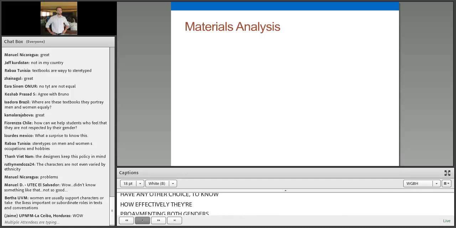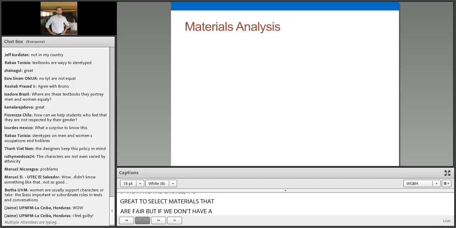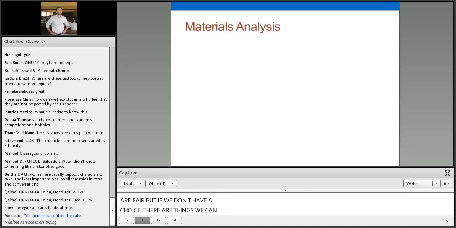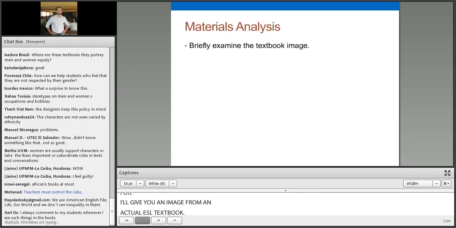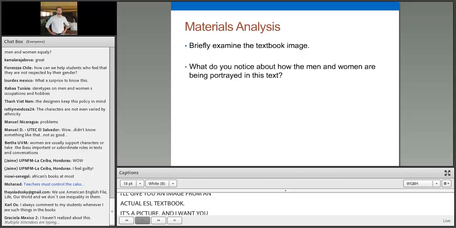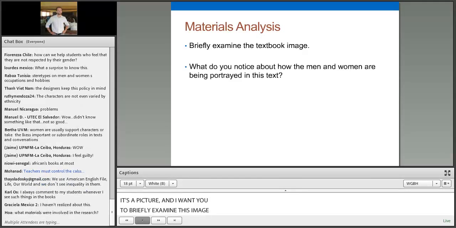Okay, so I want to take us through a quick exercise before I suggest some ideas, because part of noticing inequality in text is knowing what to look for. So I'm going to give you an image from an actual ESL textbook. It's a picture. And I want you to briefly examine this image, and think about how the men and women are being portrayed in this text.